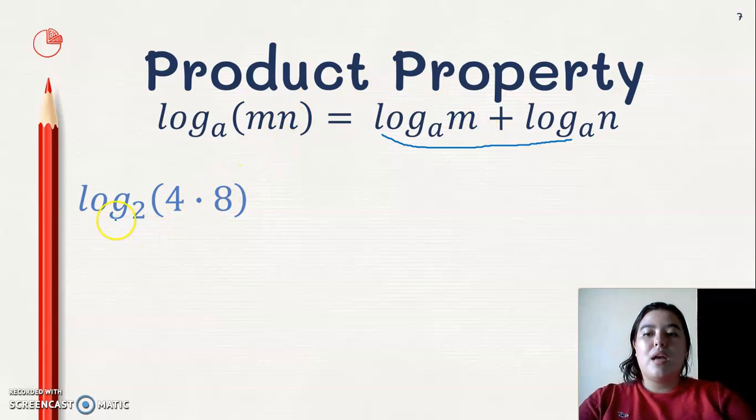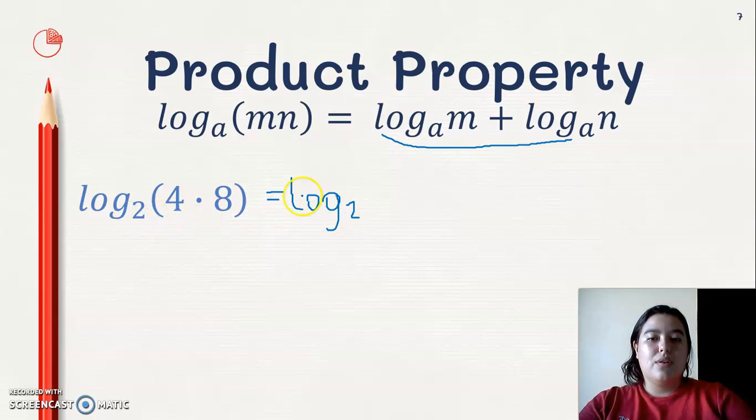As an example, we have log base 2 of 4 times 8. What we have to do is apply the product property. So we write log base 2, we copy the base a, in this case 2, and the value for m, in this case 4.